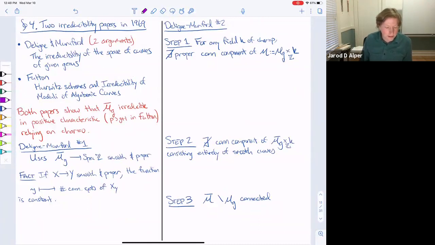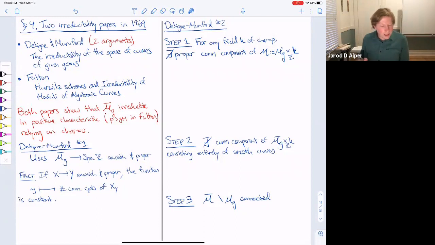Now I want to show how the story started in '69. '69 was an incredible year for mathematics, with Deligne-Mumford's paper and Fulton's paper. So what I want to quickly summarize is Deligne-Mumford's arguments. They gave two different arguments, and Fulton.